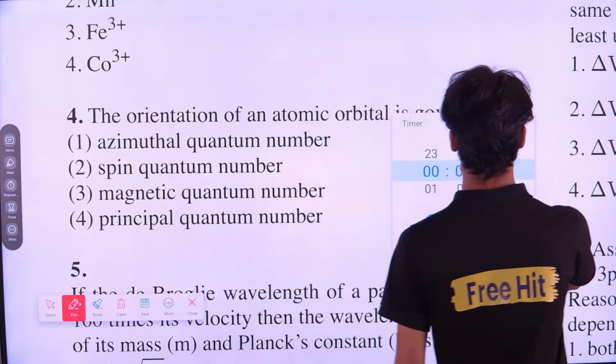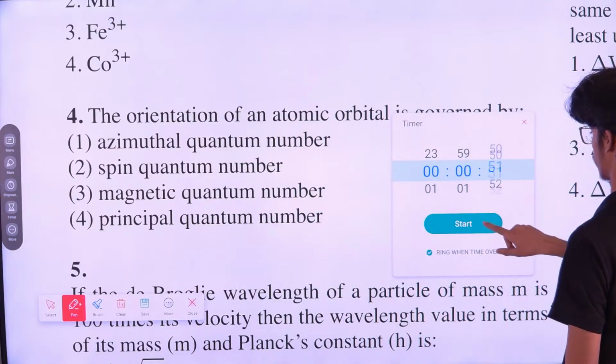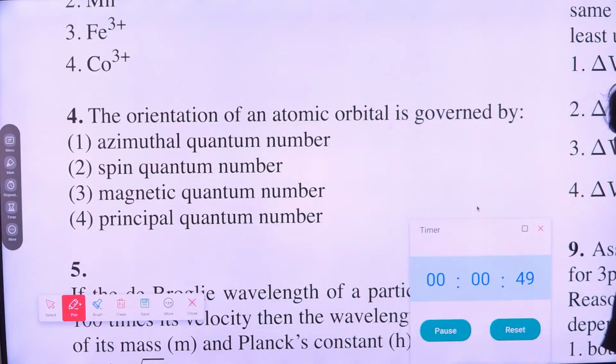Okay, timer. Let's start. I'll give a lesser time for this because I have already talked too much. Okay, the orientation of an atomic orbital is governed by. So, which particular thing cares about the atomic orbital? Let's see who's giving this answer.